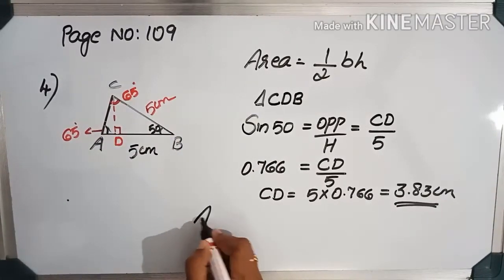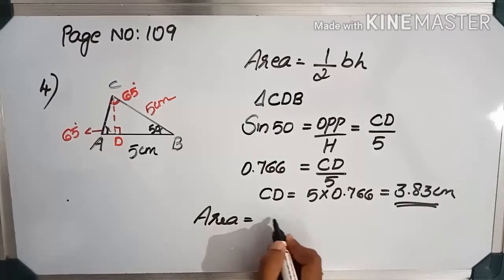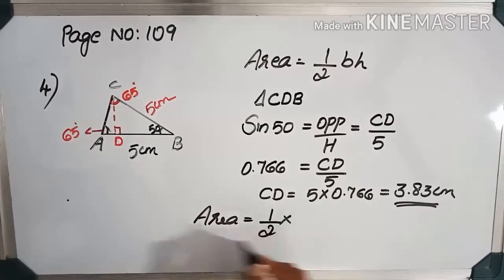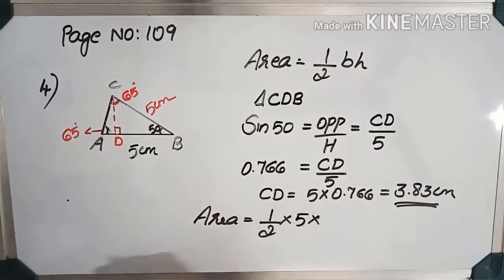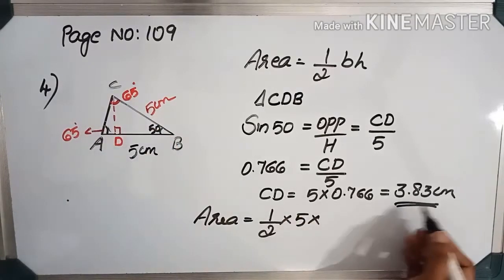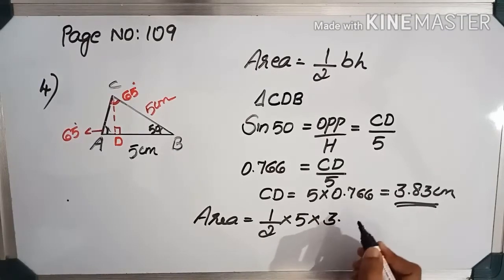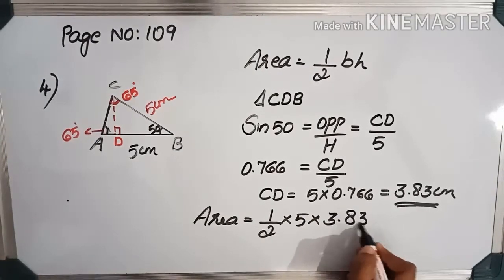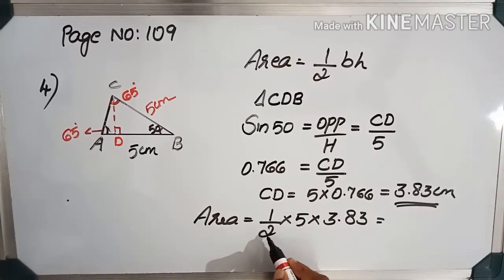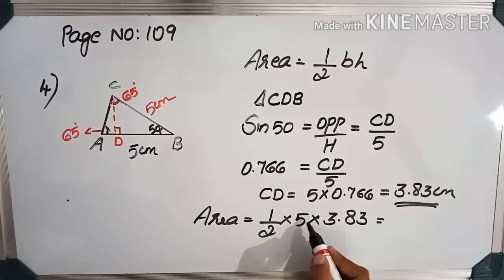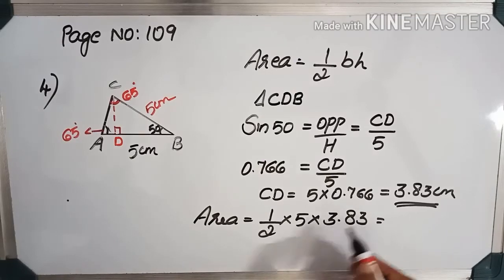Next is the area. Area equals half into base into height. 5 is the base, so 5 into height, and the height is CD, that is 3.83. Now when you multiply these two and divide by 2, you get 2.5 into 3.83.